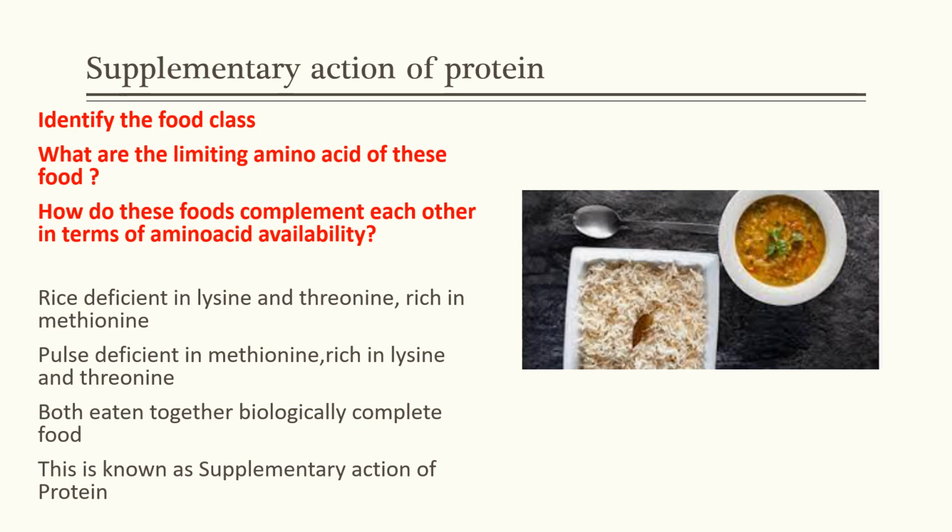And here rice is deficient in lysine and threonine but rich in methionine, while pulse is deficient in methionine and rich in lysine and threonine. And both eaten together, they are biologically complete food. And this is known as the supplementary action of protein, whereby two vegetable food sources combine together and make a superior protein source.